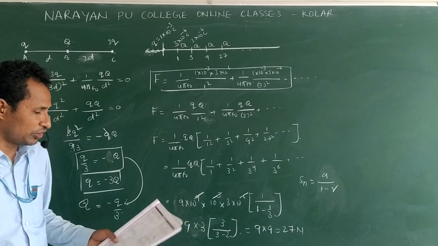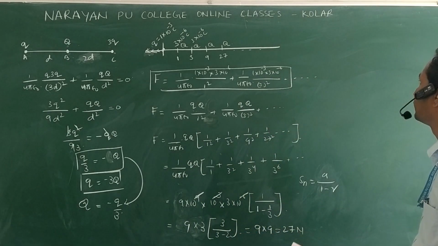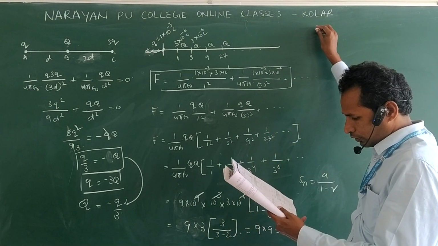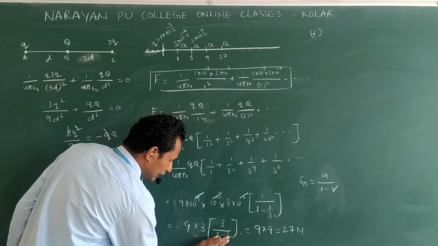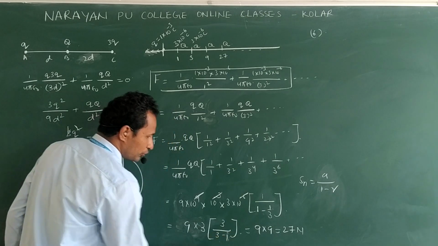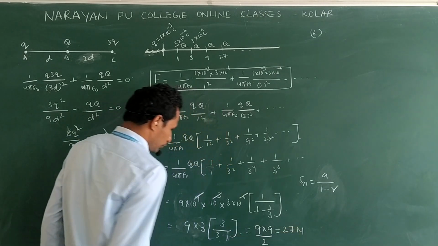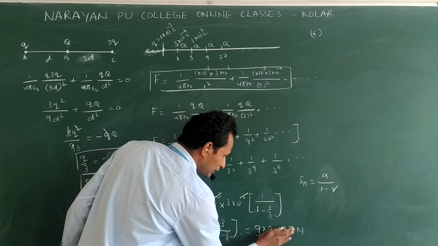Now come to the sixth question. Here, this you have already done. Now here is a calculation mistake. 3 minus 1 is 2. Now 9 into 9. Previously I wrote 27. This is wrong.